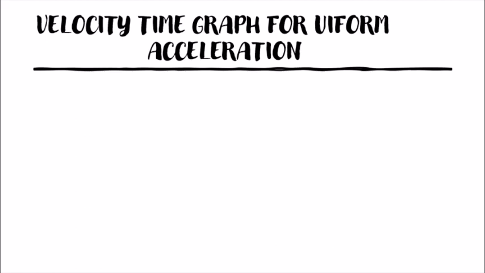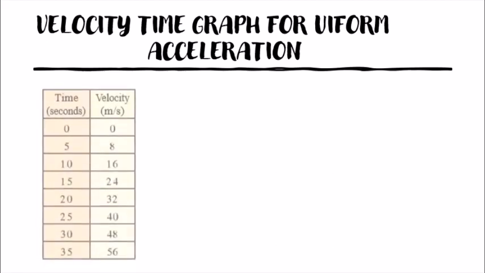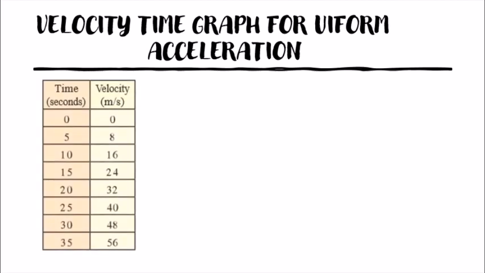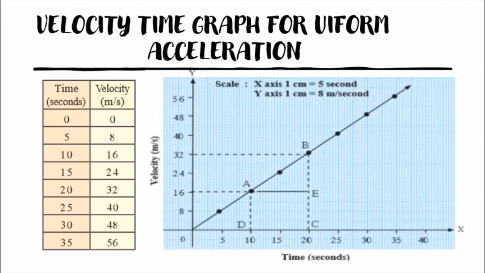Next is the velocity time graph for uniform acceleration. Now here in this table, the changes in the velocity of a car in specific time intervals are given, and on the basis of the given information, we plot a graph with time on the x-axis and velocity on the y-axis.